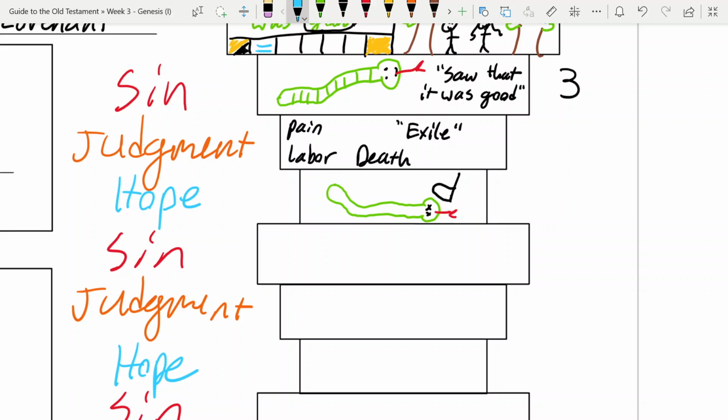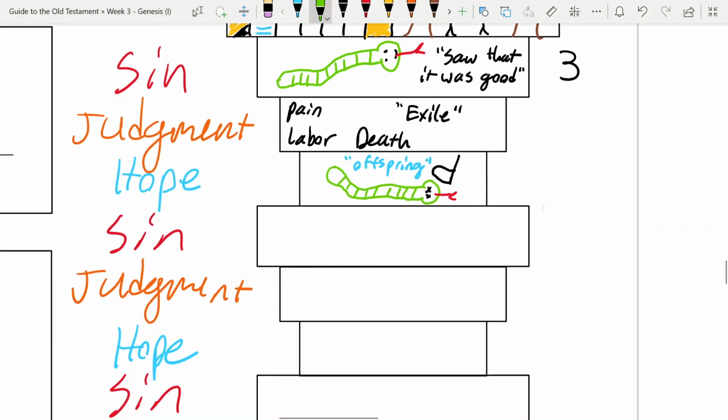And really, that word offspring is like the catchphrase of the book of Genesis. It's maybe the most important word that connects us ahead to the promises to Abraham of land and offspring and blessing. And it starts all the way back here in Genesis chapter 3, verse 15, which is why that verse is sometimes called the proto-evangelium, the first announcement of the gospel, the one who would crush the serpent.